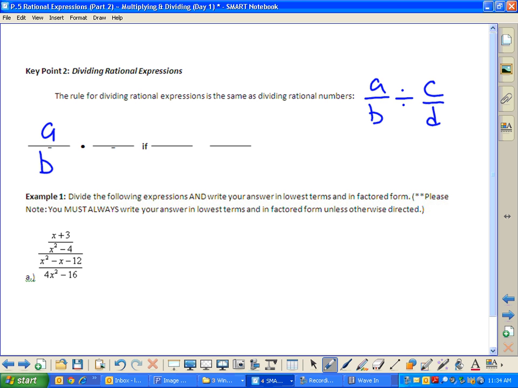So you flip, you take the reciprocal of that divisor, so that'll be D/C. And then we just multiply through. Of course, this is all true only if B, C, and D aren't 0. That would violate our rule against dividing by 0.